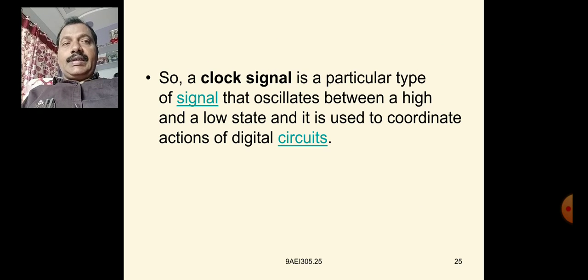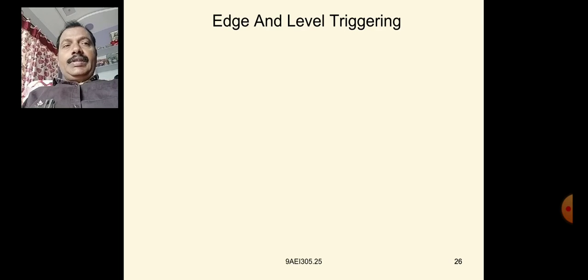A clock signal is a particular type of signal that oscillates between a high and a low state, and it is used to coordinate actions of digital circuits. There are different types of triggering of digital circuits. What is triggering?